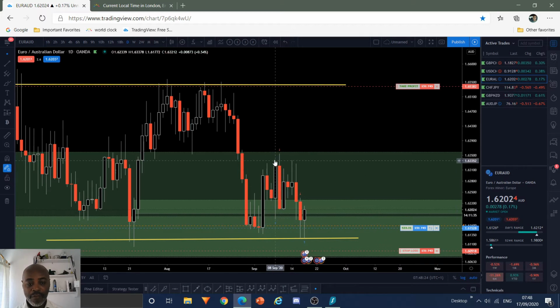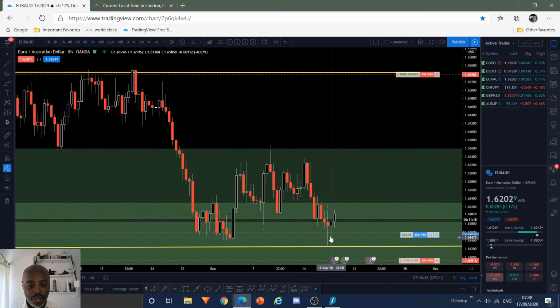We'd taken off half of our profits in this bar, taken off half of our profits in this red bar denoted by the red arrow, and then price came down and in this bar took us out. Now what I said was, I went down to the 8-hour chart and I saw this pin bar here, and I said that if that bar closes like that, I would look to get long again and try and play a run up to this area here.